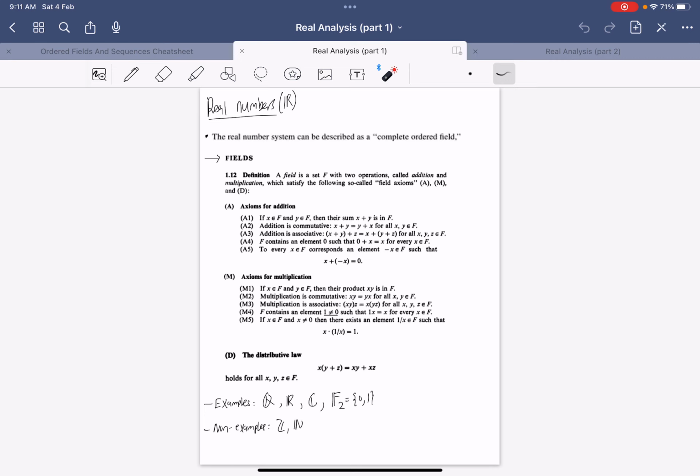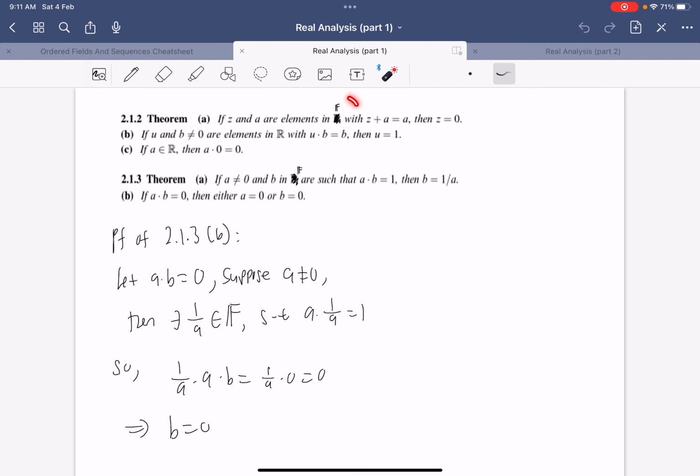Now that you understand what a field is, we can see that there are certain propositions that are very common. If we let two elements Z and A be in F, and they add together to remain the same, so let's say Z plus A equals A, then Z has to be 0. This shows the uniqueness of the additive identity.